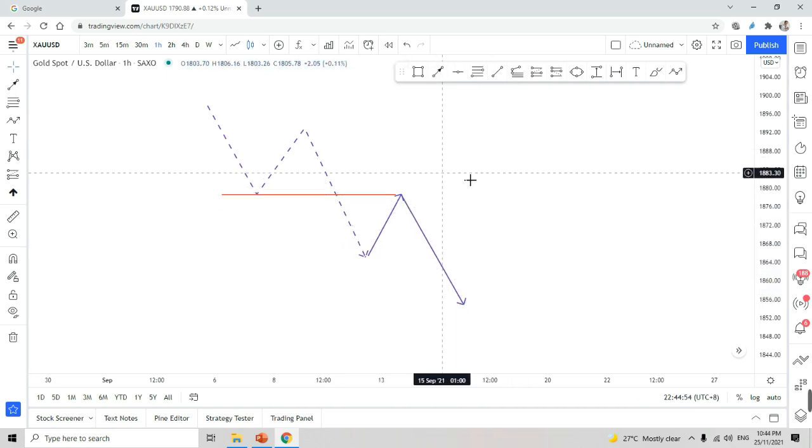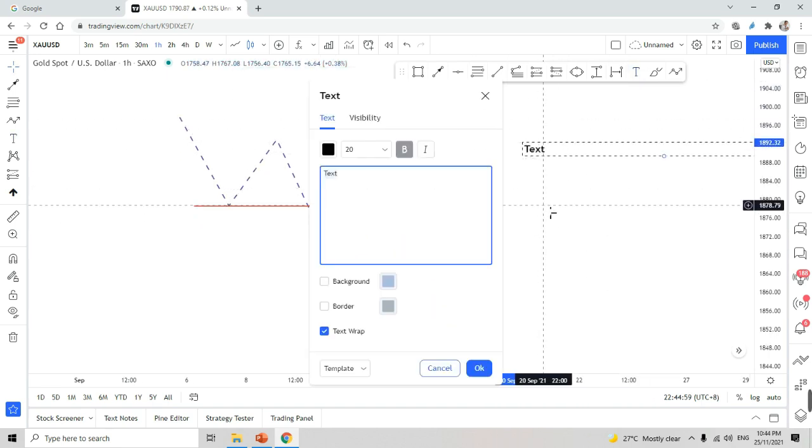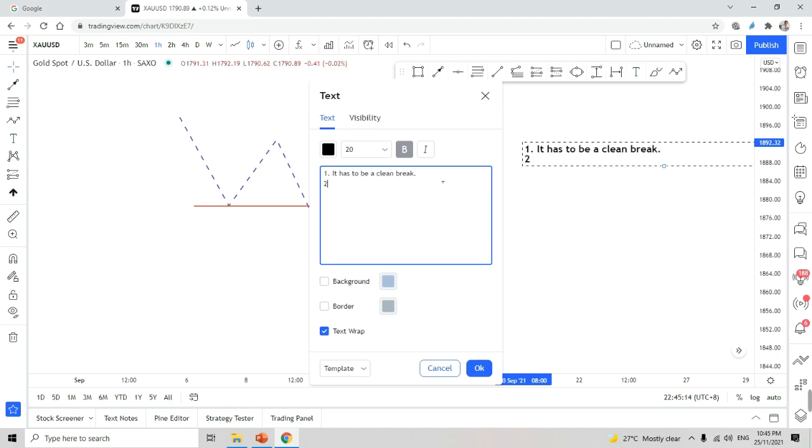So I'm going to share a few tips with you guys. These are the important things, right? I'm going to explain it slowly. First is that it has to be a clean break. All right, it has to be a clean break. I'm going to explain it, don't worry. Then second, that there is an SSR. Okay.